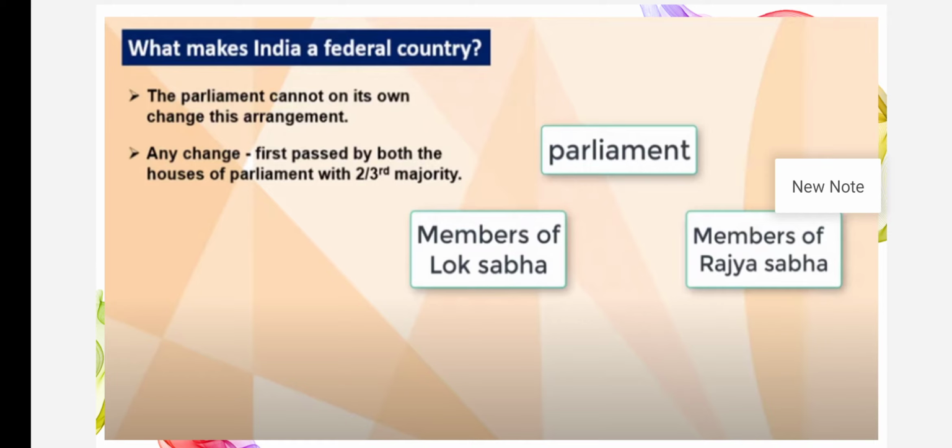So at least half of the total states should give their majority. It means how much majority? Two-thirds majority. So if there are 29 states in our country, then at least 14 to 15 states have to say yes for it. How many states, children? 14 to 15 states have to say yes for the law. Then only it will become a law. Otherwise, it's a bill.